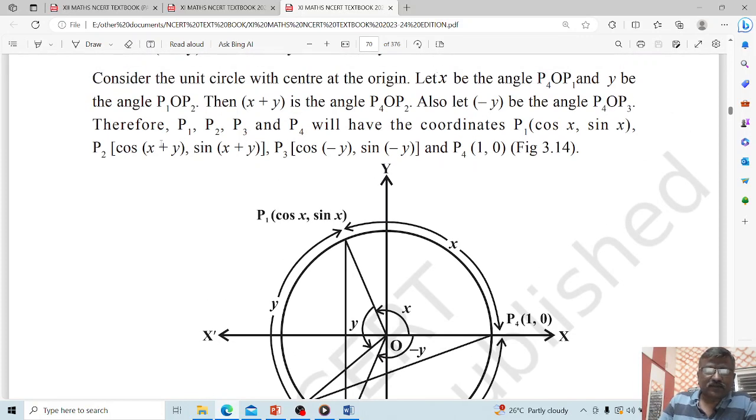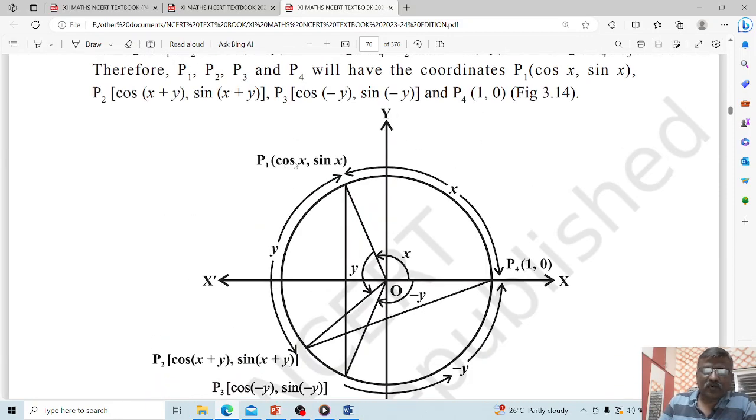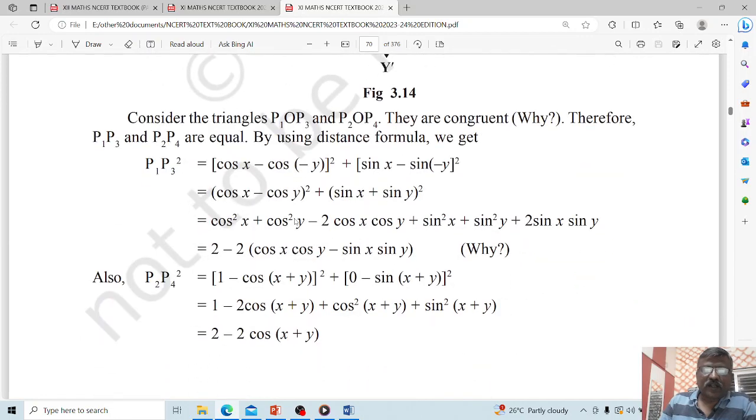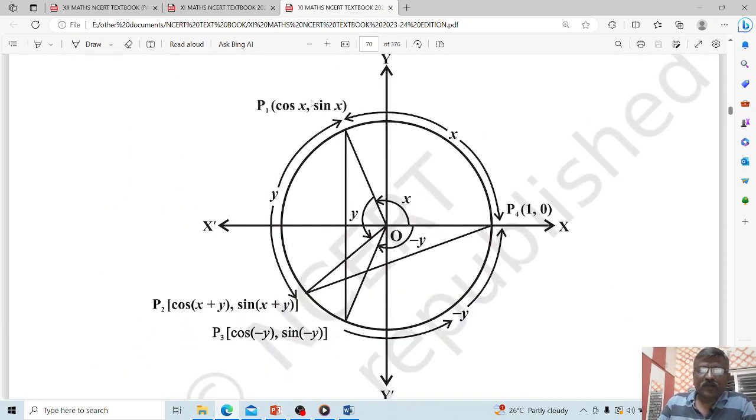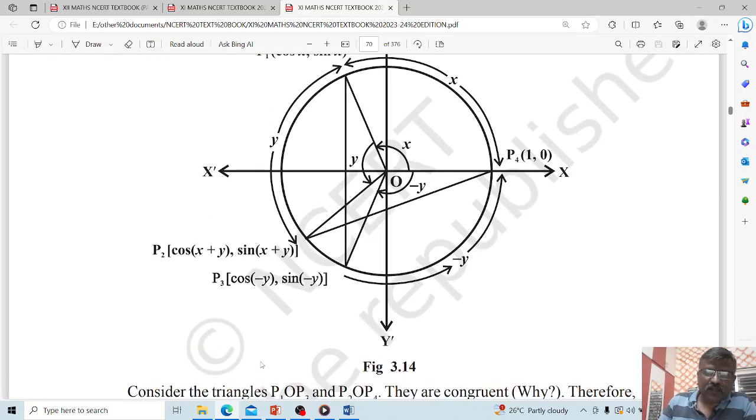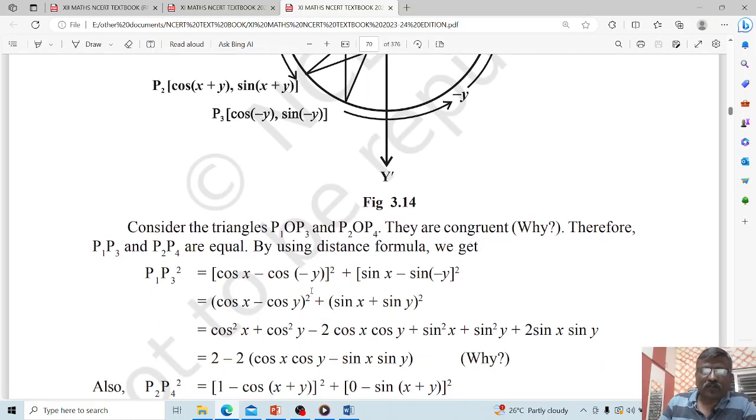correctly, that's all. So these points we have, and what the coordinates are I have explained to you, and why they are equal I also explained. Now you know that P2P4 and P1P3 are equal. If you use the distance formula, and you know that cos of minus y is cos y itself because it's an even function, and sin of minus y is minus sin y, it's an odd function.